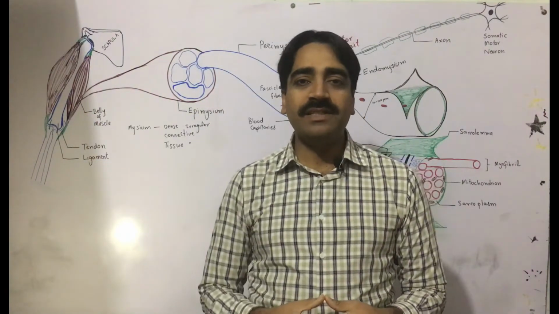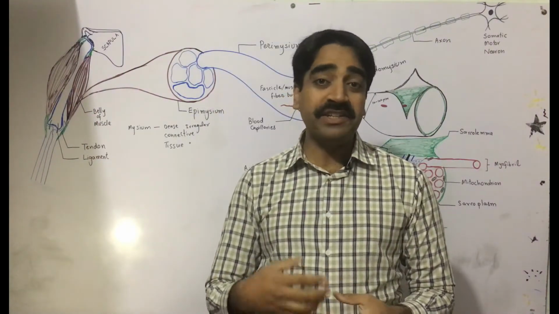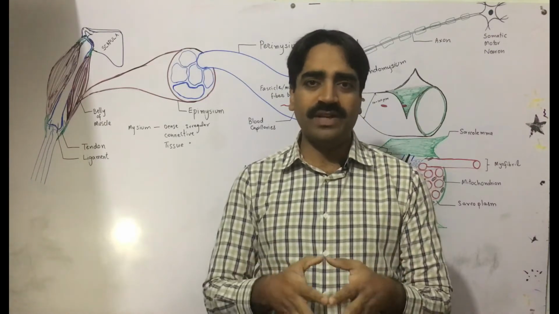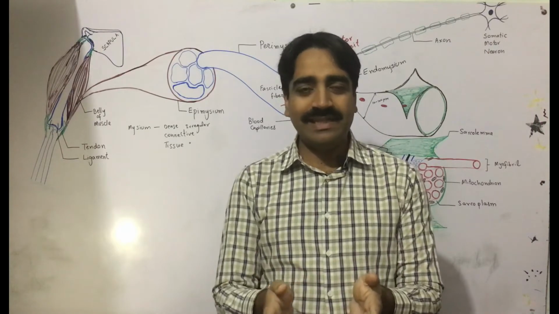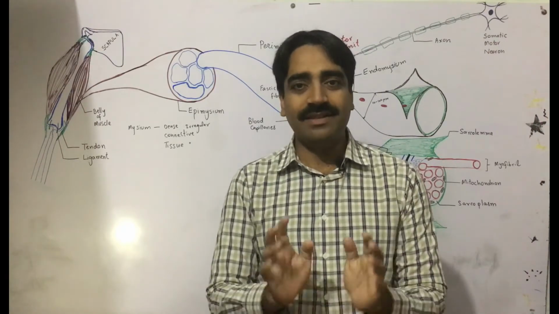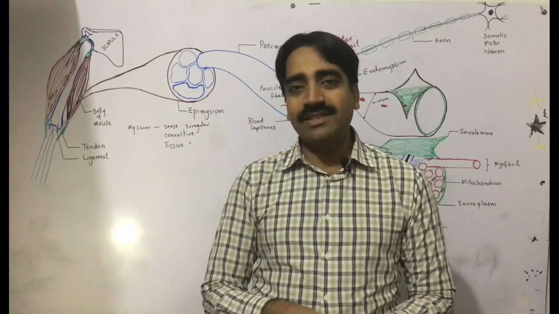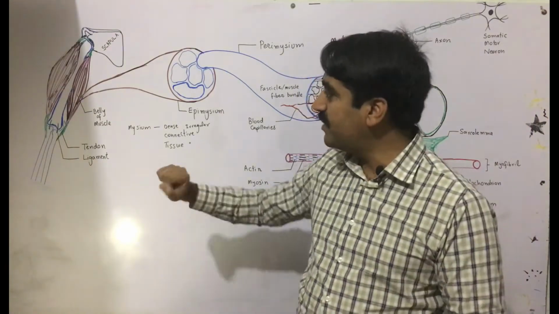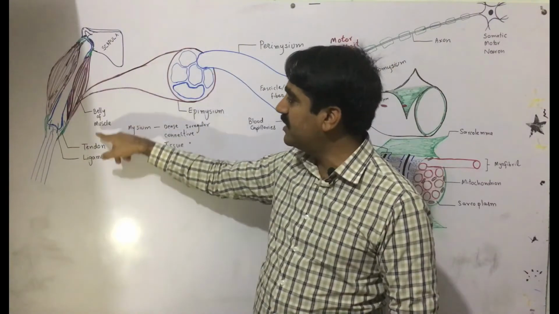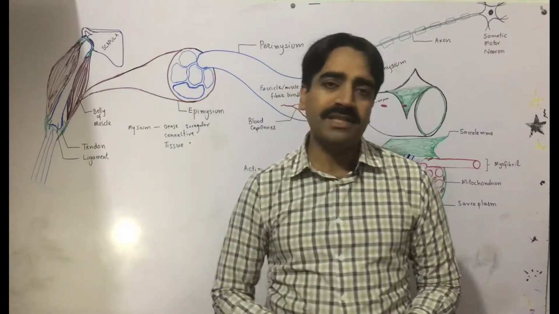A skeletal muscle consists of 3 layers or 3 tiers. For example, imagine there's a box, and there's another box within the box, and there's another box inside that, the third layer. It is just like that. There is a layering of the connective tissue around the skeletal muscle fiber, and this connective tissue is called mysium.